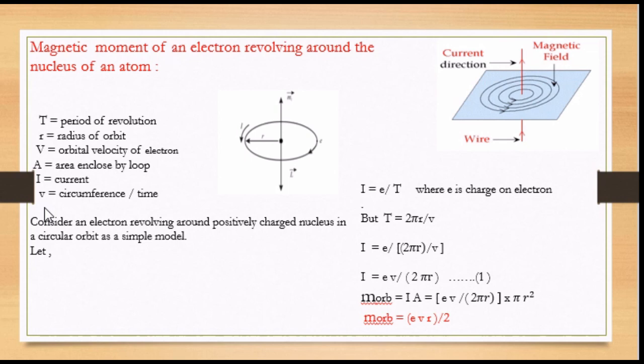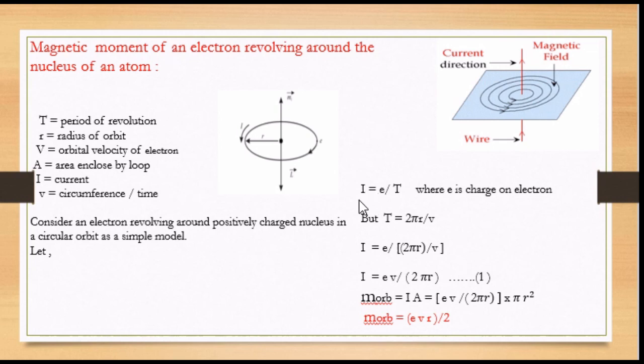Then the orbital velocity is the distance upon time. But what is the distance here? The electron revolves like this, so the total distance traveled by the electron is nothing but the circumference, because it is a circle. So orbital velocity is the distance upon time, and the distance is the circumference, which is 2 pi r upon v.